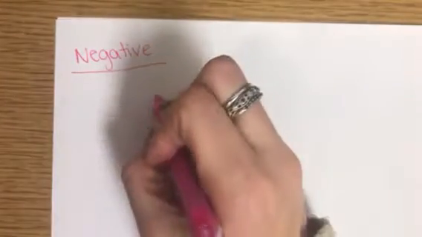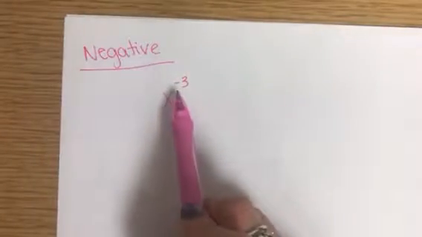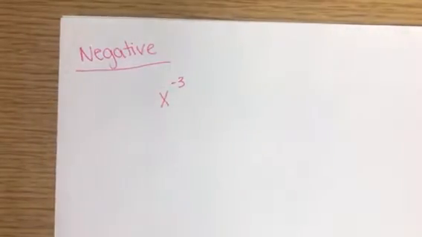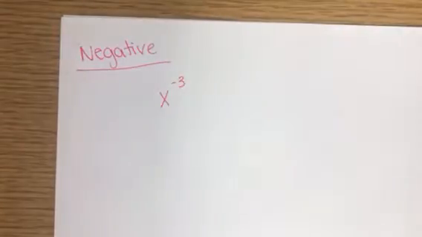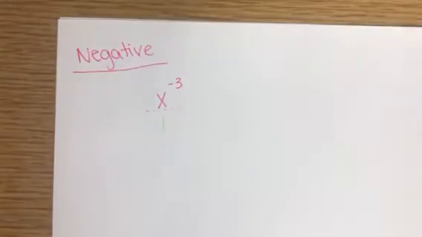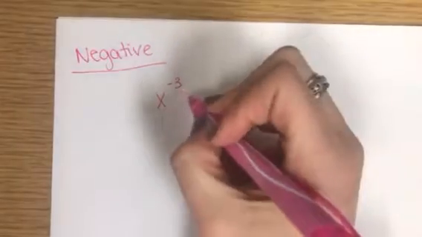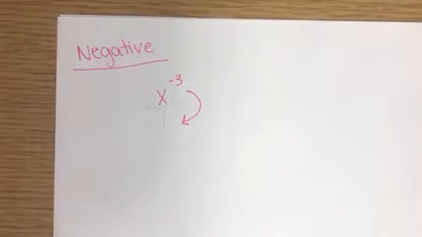So if we have something like x to the negative third, this negative is telling us that it's not placed appropriately. Now, we don't see it, but this x to the negative third is actually in a fraction. We know that this is actually over 1, which tells us that this x to the negative third is in the top or in the numerator of a fraction.